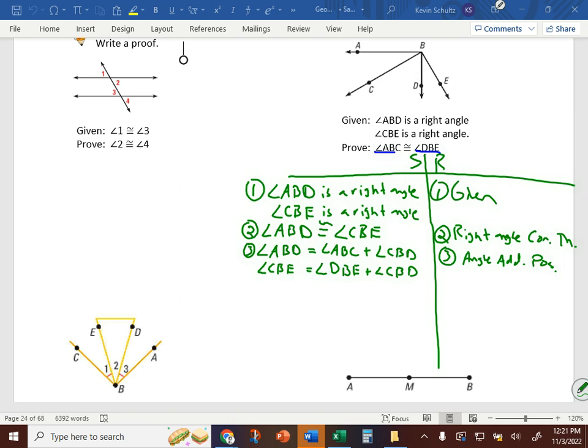CBD is the other part. Therefore, that whole angle ABD will be the sum of its parts, ABC and CBD, and that's where the angle addition postulate comes from. Okay, it takes practice, right? It takes practice, but it's the ability to recognize, what can I conclude from the diagram? It takes practice. I'm sure you aren't the only one.